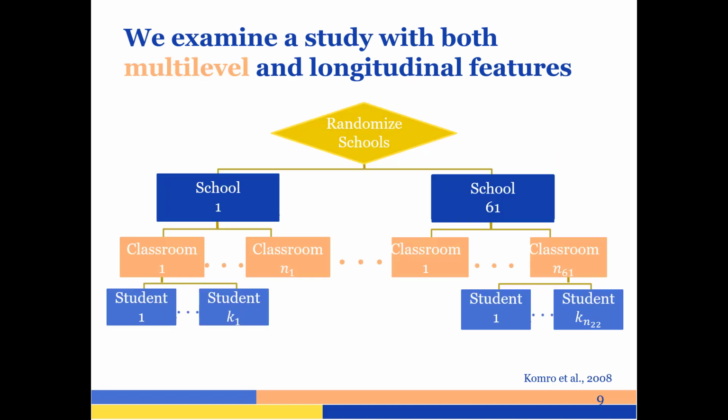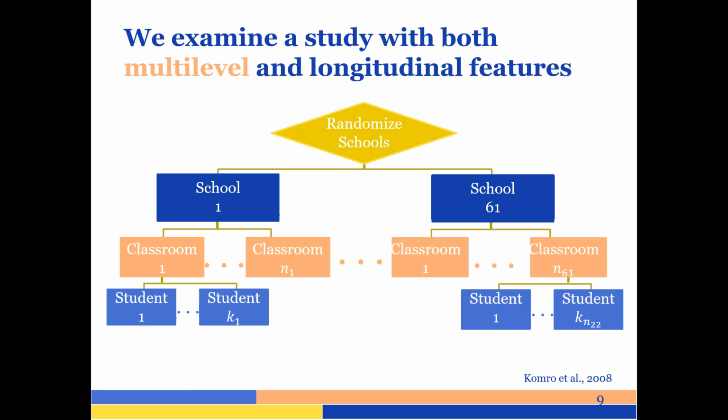Here you can see the hierarchy in this study, its multi-level nature. The 61 schools were randomized into the different treatments, either the alcohol use preventative intervention, or control. Within each school, there are classrooms. Within each classroom, there are students. You can see the multiple layers of the hierarchy, and we assume that within a classroom, students share similar experiences and are correlated.